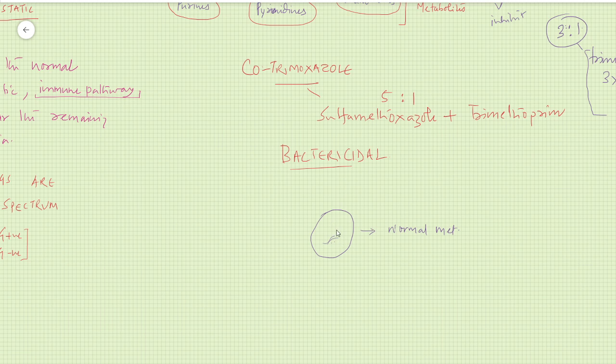It needs to do that on a continual basis. Now, even that normal metabolism would be inhibited if this combination is given. Okay, and therefore the bacterial cell will not be viable if this combination is given. So that's why it's bactericidal, right?